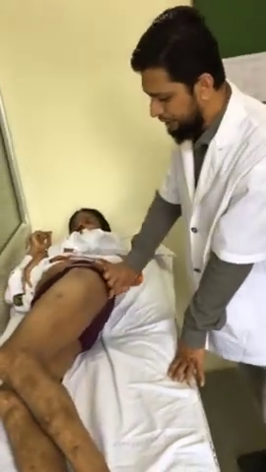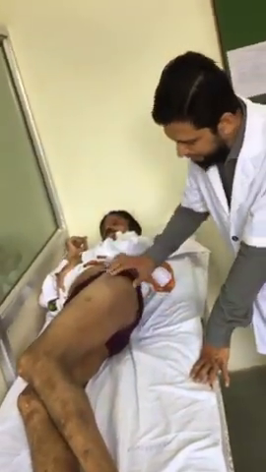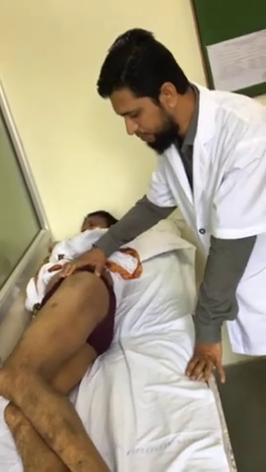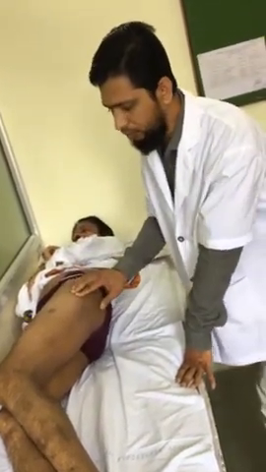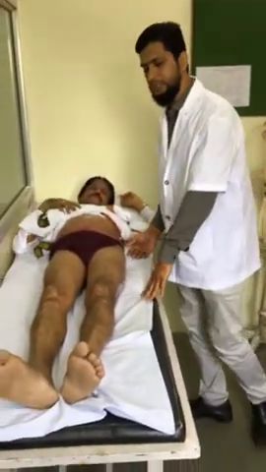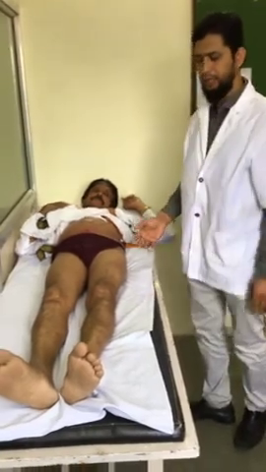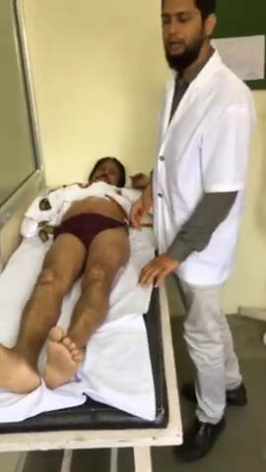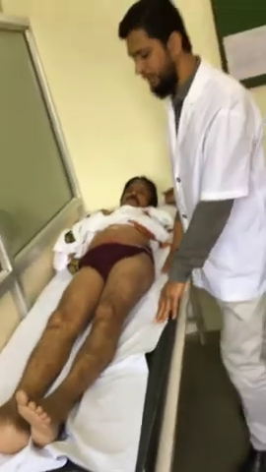Don't forget to see the gluteal region, because that is the posterior part of the hip joint. And also you have to see for lordosis if the patient is having it. It is usually apparent from the supine position only. So if there is lumbar lordosis which is very evident, then you have to tell that, and that will help you to identify whether there is any flexion deformity.